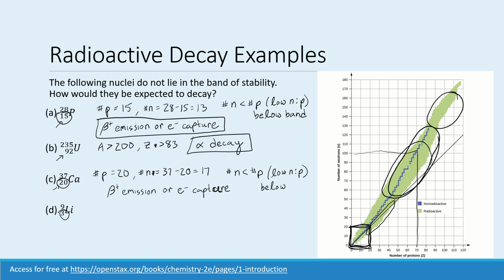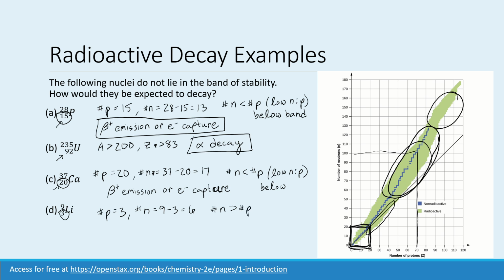So, last example. Of course, again, it's not a heavy nuclide, so we have to look at the number of protons, which is equal to 3, and the number of neutrons, equal to 9 minus 3, or 6. So it's very small here, and the number of neutrons is double the number of protons.